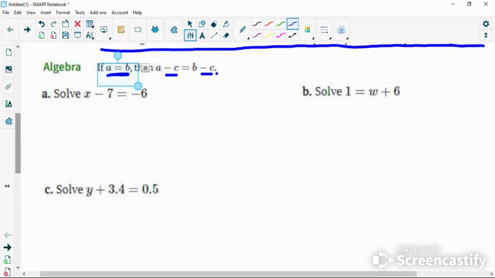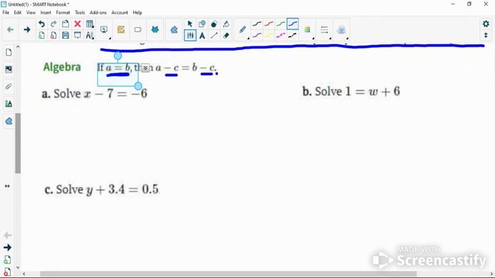We have 3 examples. For the first example, it says solve x minus 7 equals negative 6. When we're at the part of solving an equation, we are really trying to undo something that is occurring to our variable.